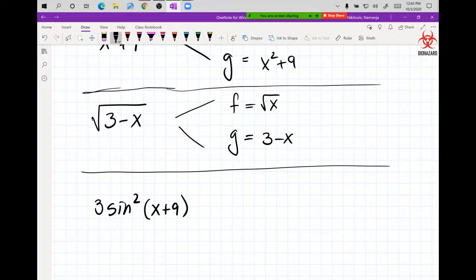Can we do this in 2 functions? No, you can't. Exactly. Now we need 3: f, g, h.